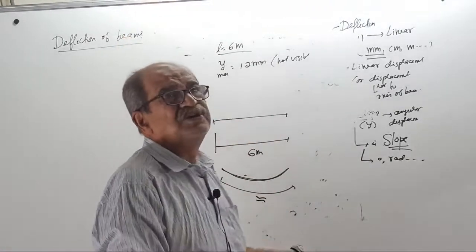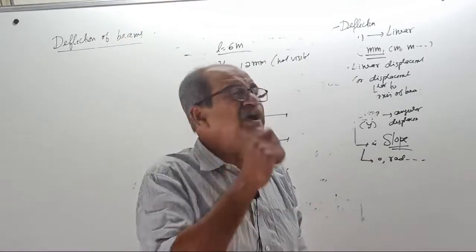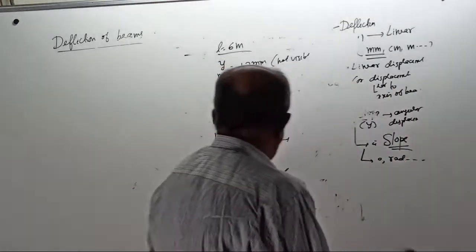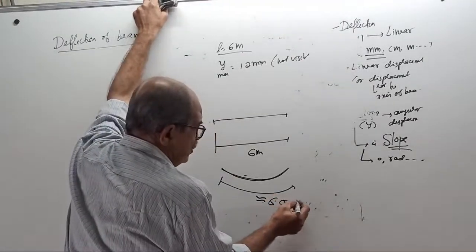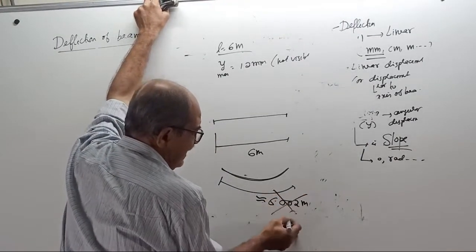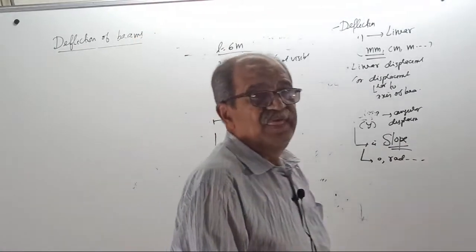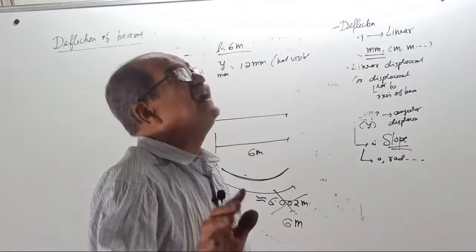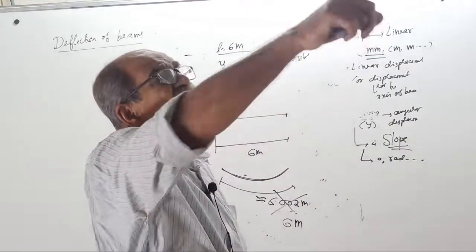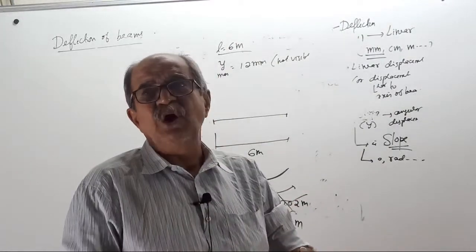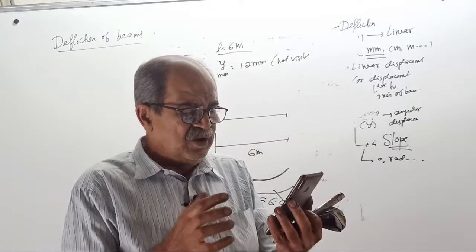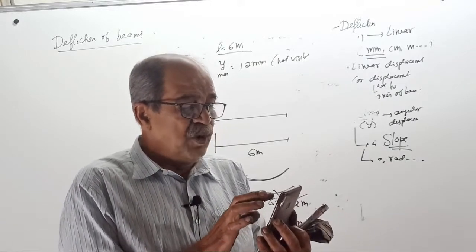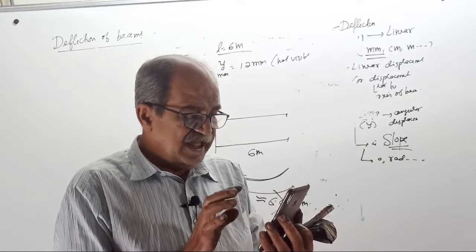You cannot make out, very minute, 6.00 something, for example 6.002 meter. They will tell 6 meter only. Therefore, if the horizontal span is 6 meter, the length of the beam along the curvature is also nearly 6 meter, slightly more.